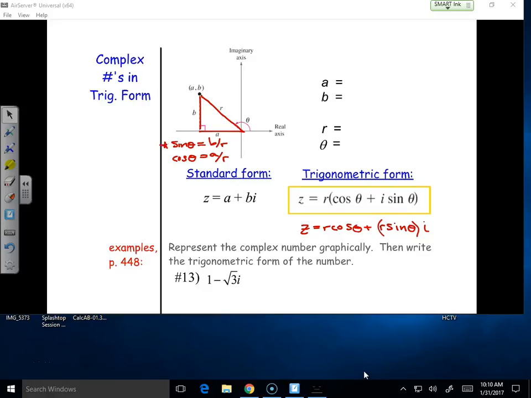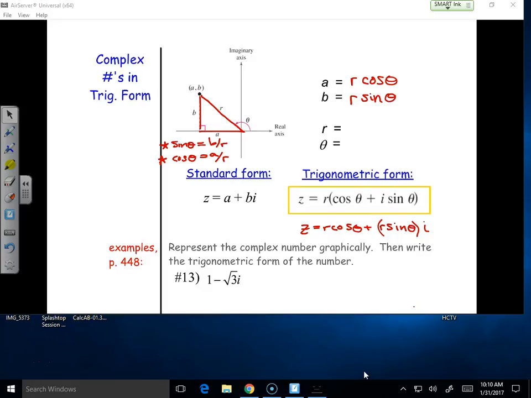And can't we use both of these to solve for a or solve for b? We multiply r on the other side. A is adjacent, so it goes with cosine. B is opposite, so it goes with sine.